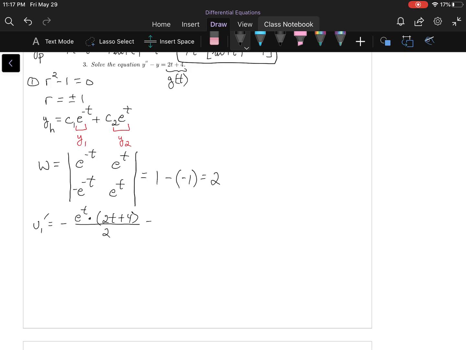This becomes negative t plus 2 e to the t. So we want to integrate this. U1 is going to be the integral of negative t e to the t minus 2 e to the t dt.